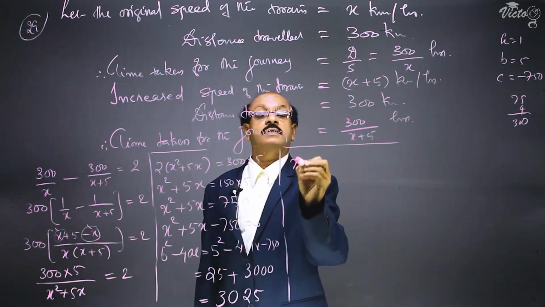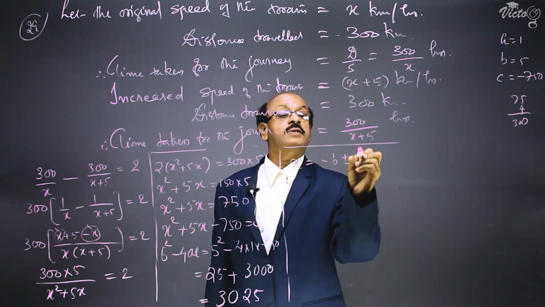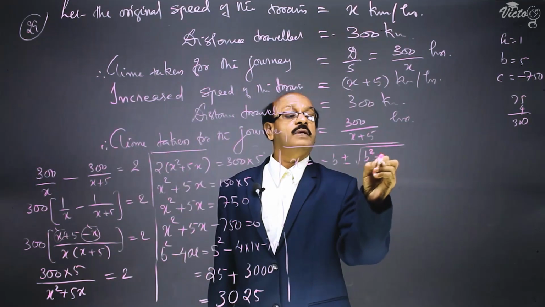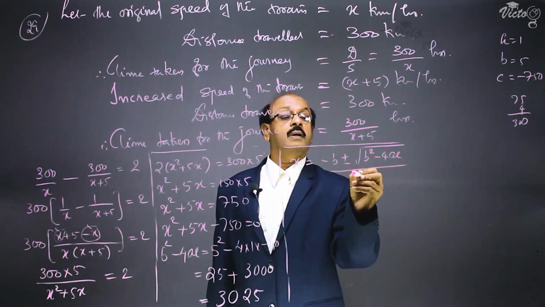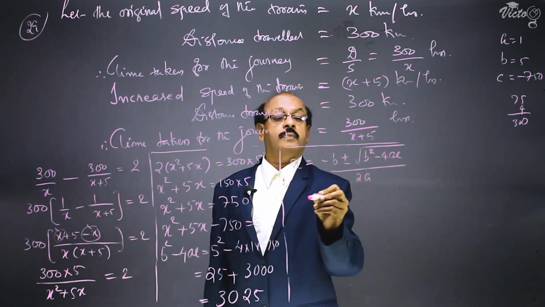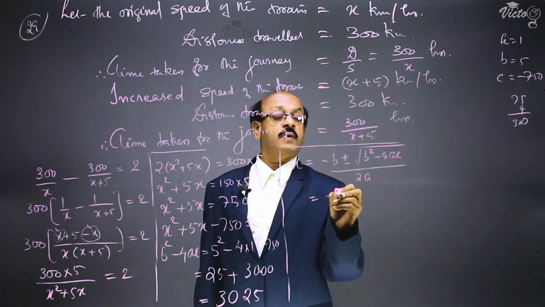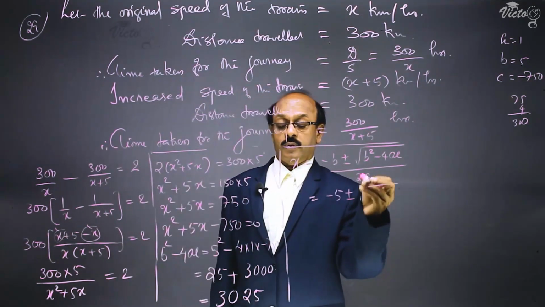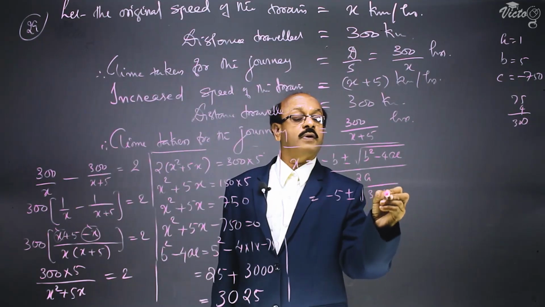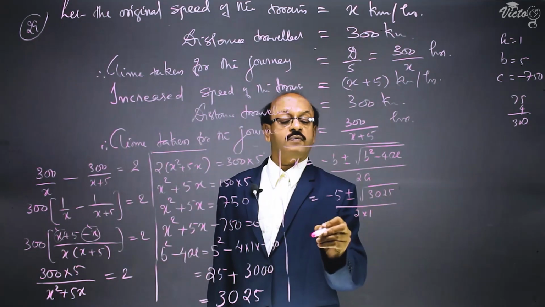Quadratic formula: x is equal to minus b plus or minus root of b square minus 4ac, the whole divided by 2a. The value of b is equal to 5, therefore it is minus 5 plus or minus root of 3025 divided by 2 into the value of a, which is 1.